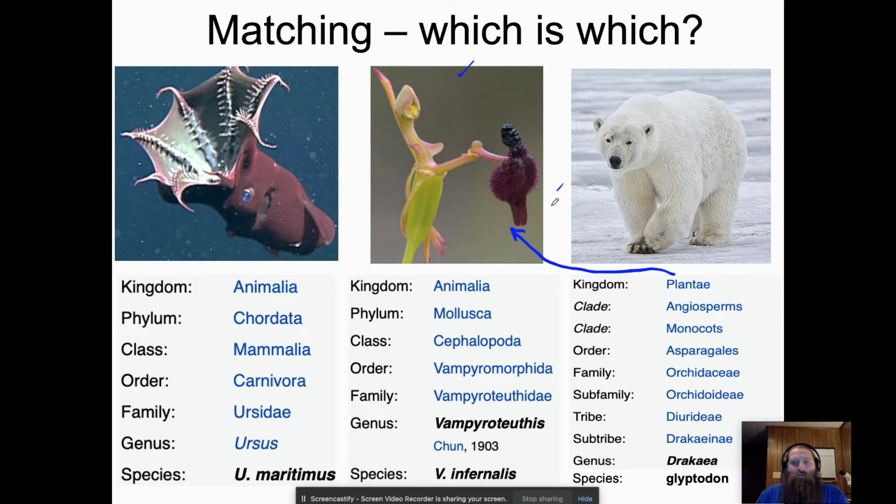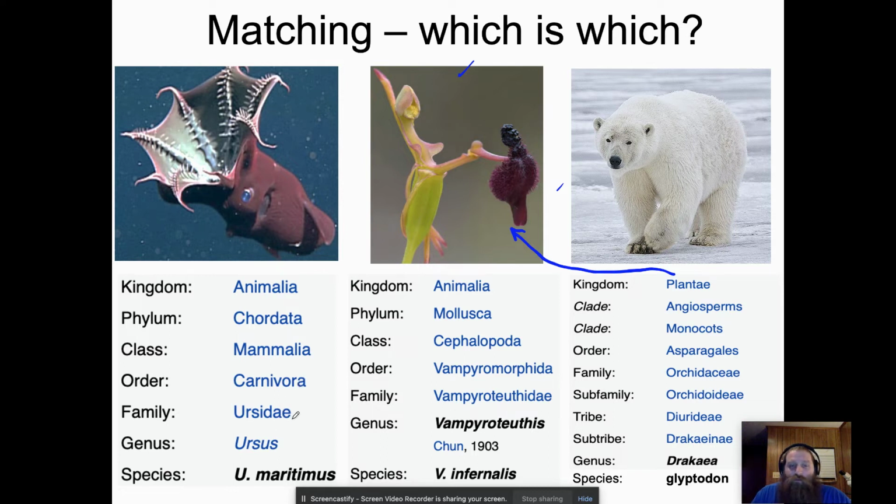Now we have the difference in this bear and this octopus or this squid. Well, again, this is not a real brain buster. We just look at the phylum and we see Chordata, and we know that Chordata talks about the spinal cord. So this is probably the bear, but we keep going. We have Mammalia, right? The mammals. Carnivora, probably carnivore.